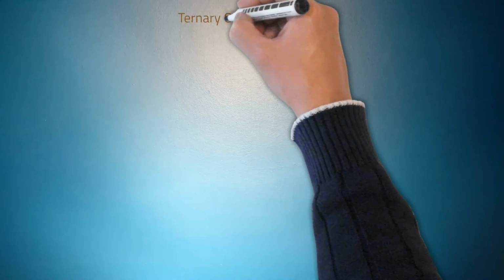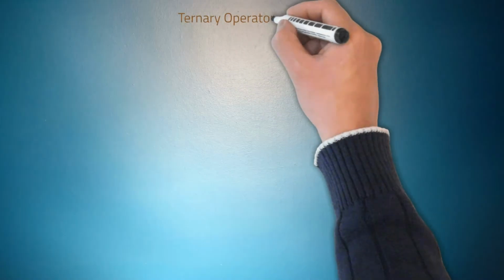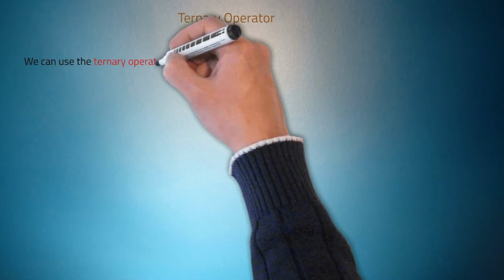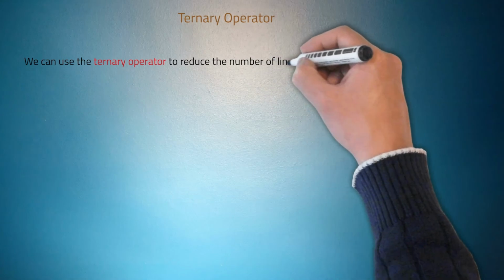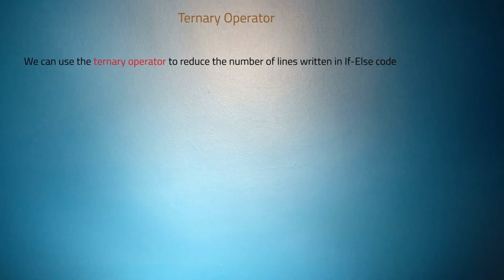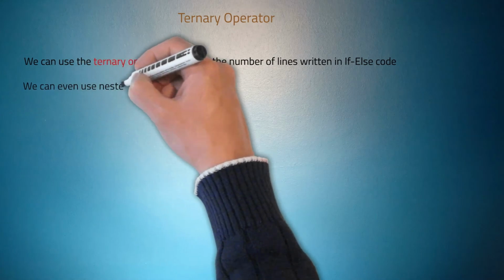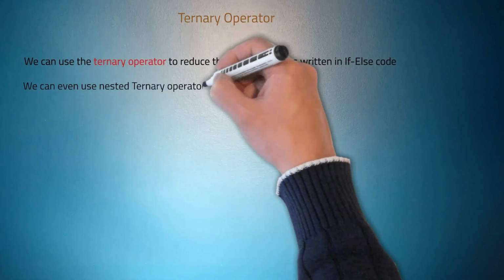Ternary operator. The ternary operator is basically used to reduce the number of lines written for the if-else statement. It is basically used as an alternative to the simple if-else statement, but can also be used for nested if-else.